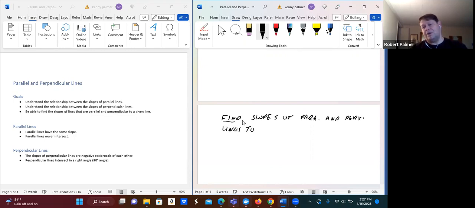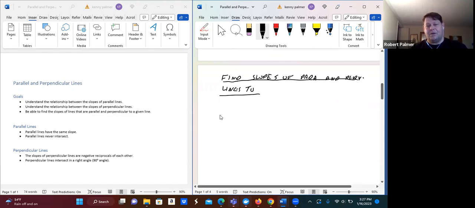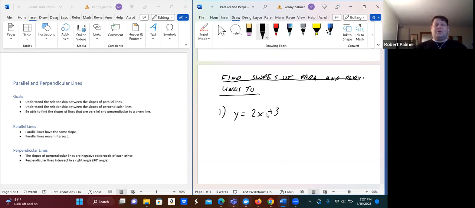In each case, I'll give you a line, and we want to find the slope that's parallel and perpendicular to that line. So number 1, let's say we have this line, written as y equals 2x plus 3. We'll graph this line in a moment to make sure it actually is perpendicular.